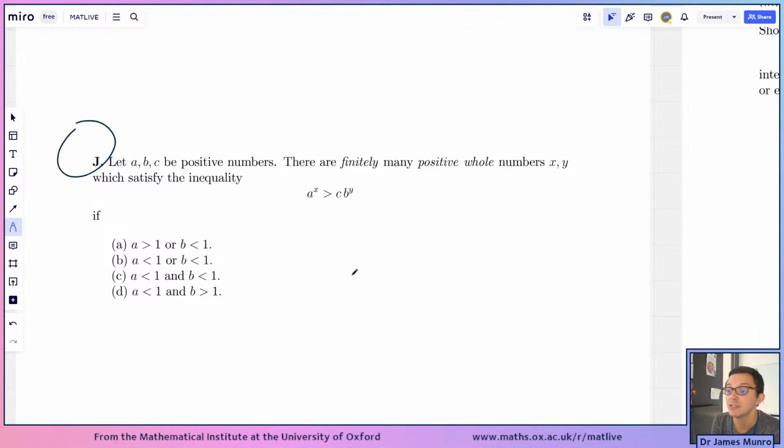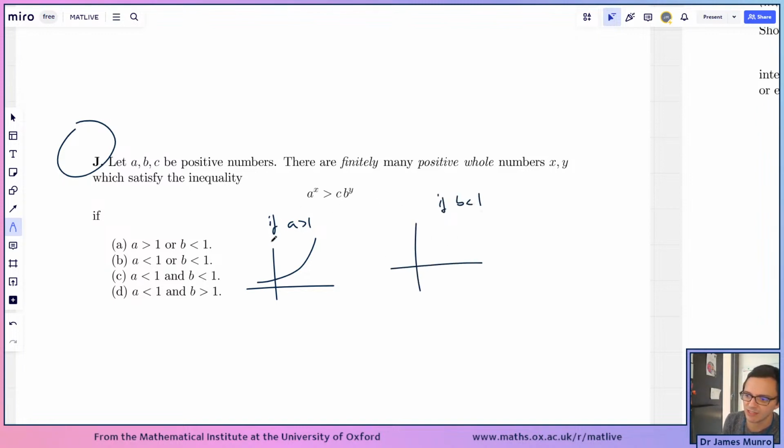So let's think about this left hand side. If a is bigger than 1, then this left-hand side looks like a to the x, where x is a positive whole number, going upwards. And c is a positive number. Right, okay, so I'm worried this one's got a c on it as well. So let's try and draw this.